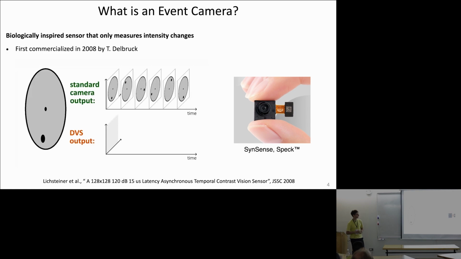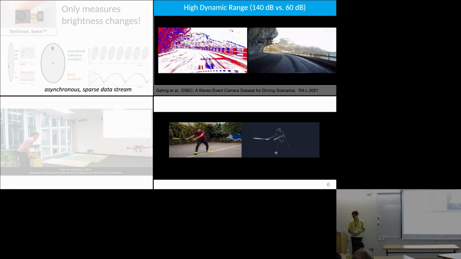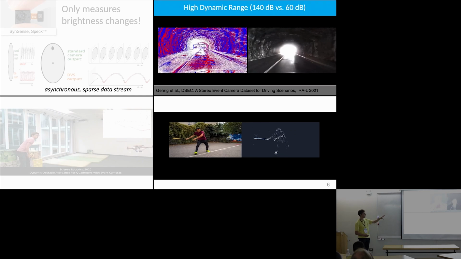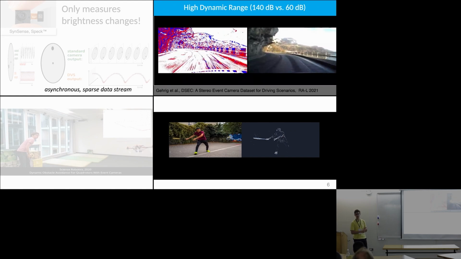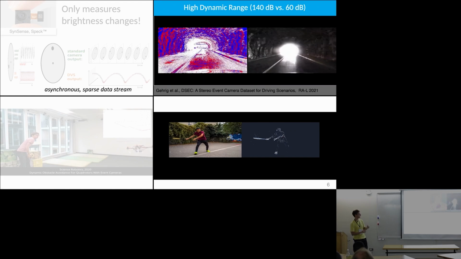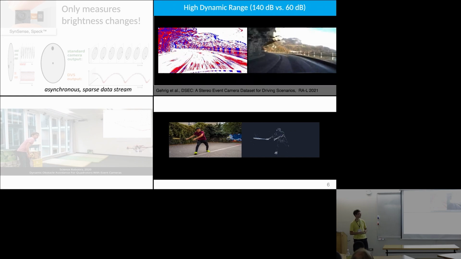Another challenge is this promise of high dynamic range of the event camera. Currently there's a bit of a discussion whether this is interesting for automotive applications. But in automotive, first of all, they don't care about efficiency, and second, they have very good automotive cameras that can see with very high dynamic range.